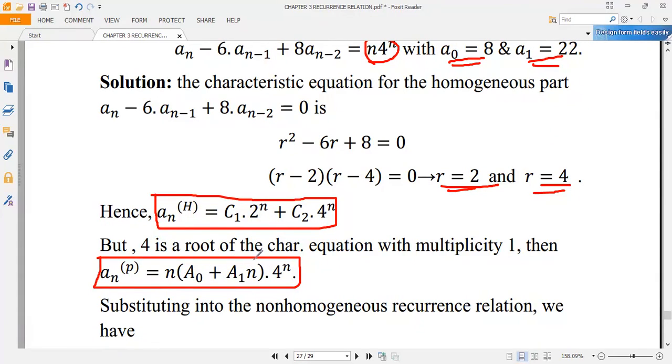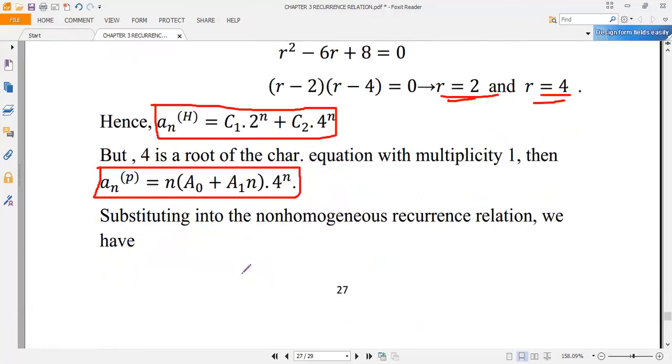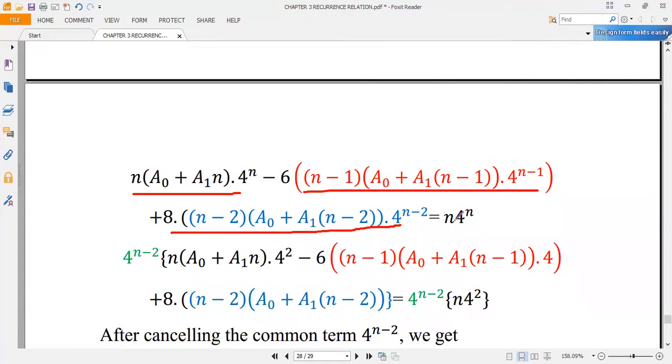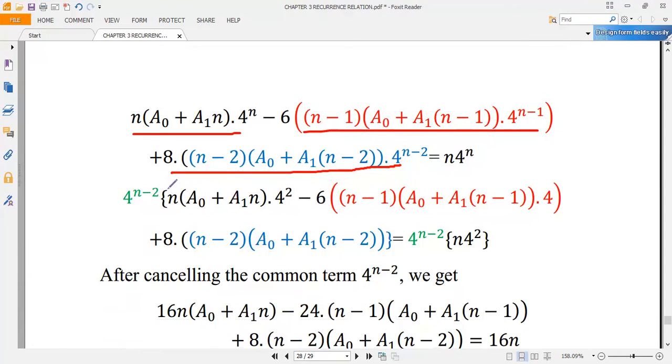Now substituting this trial solution to the non-homogeneous recurrence relation, on the an part, the an minus 1 part, and the an minus 2 part, you'll get this, which is equal to n times 4^n. Taking 4^(n-2) as common from the whole expression, you will get n times (a0 plus a1 n) times 4 squared.